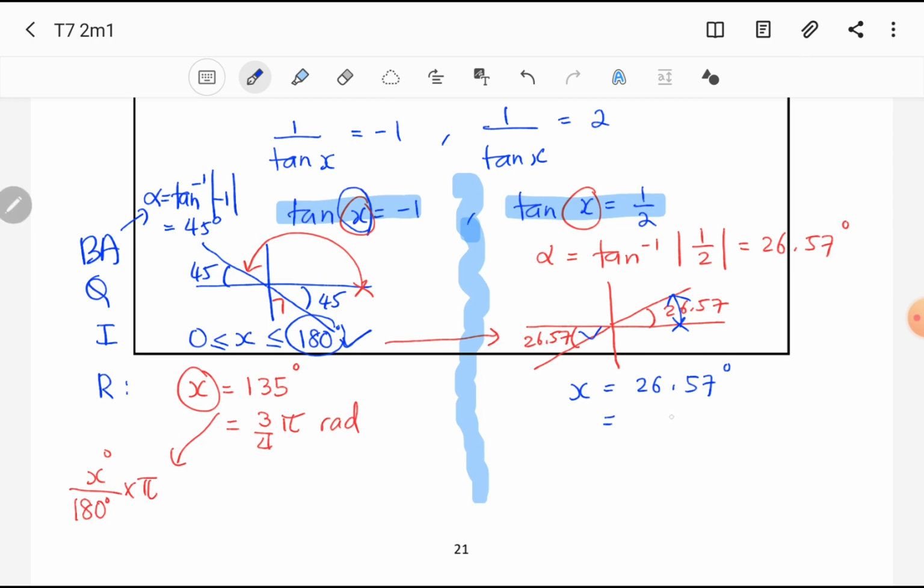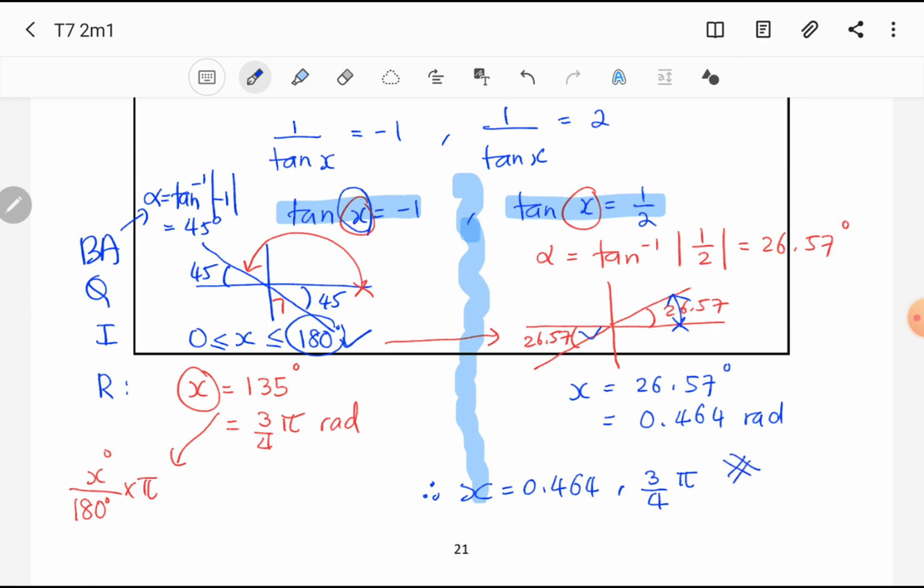Okay, so we change to radian. So, we will get 0.464 radian. Okay, and then as conclusion, we conclude that X equals to 0.464 and 3/4 pi radian.